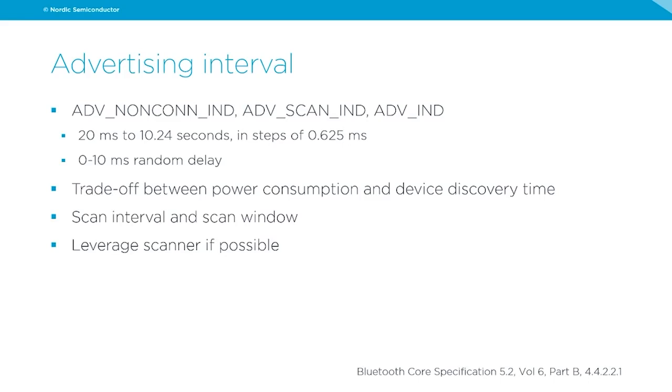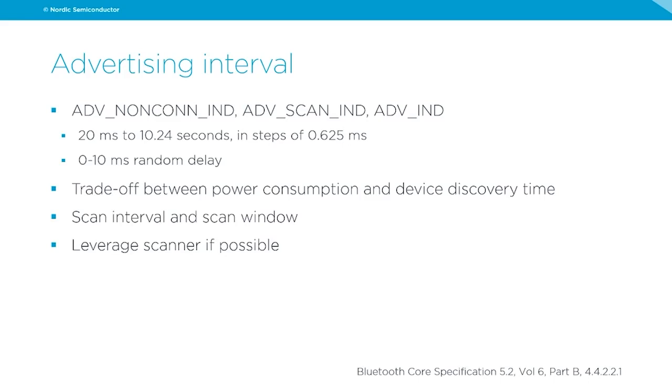So most of the time, the device will stay in advertiser or broadcaster mode. So it's very important to choose a good advertising interval so that it's balanced between device discovery time, how long it would take for the central or the phone to connect to your device, and the battery life, the power consumption.